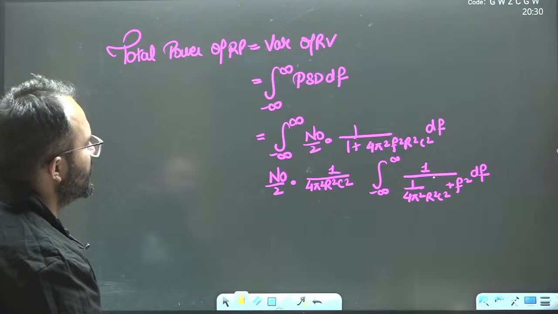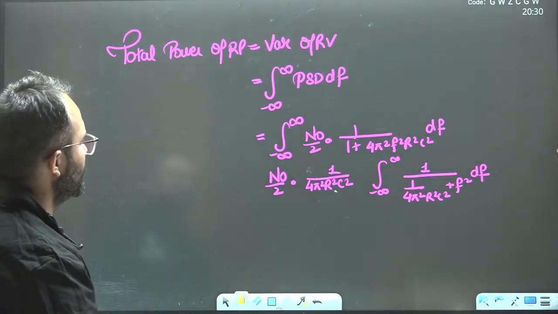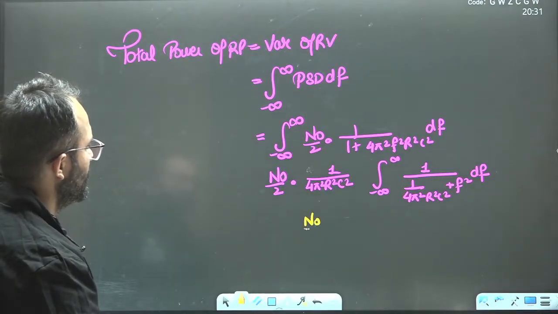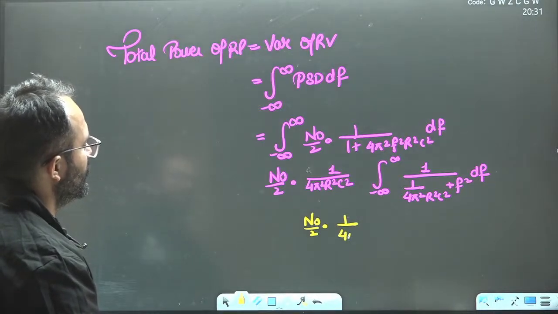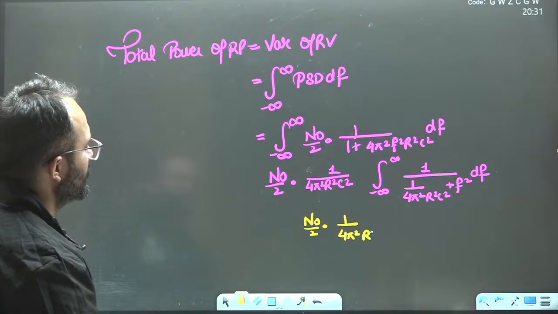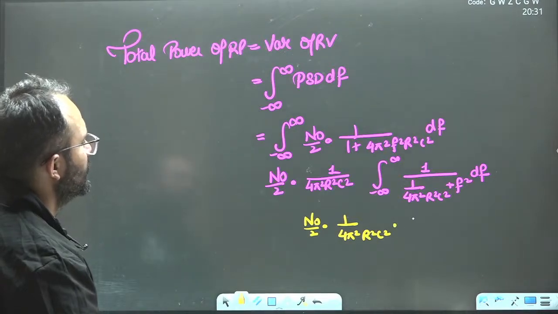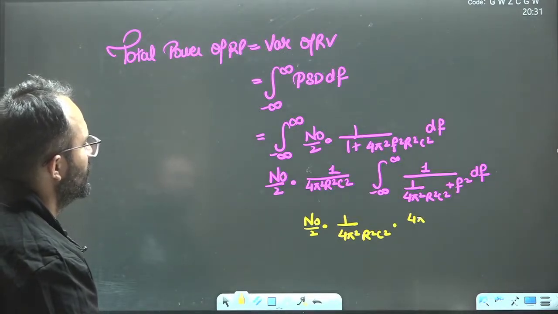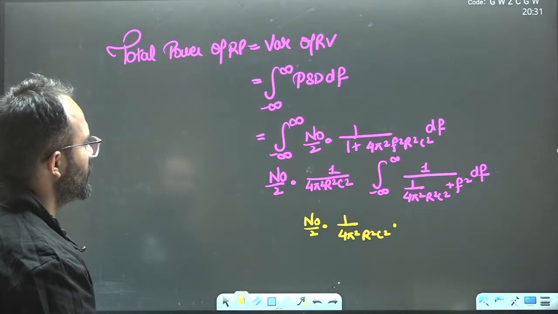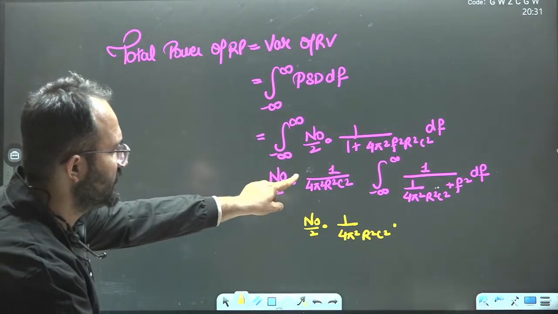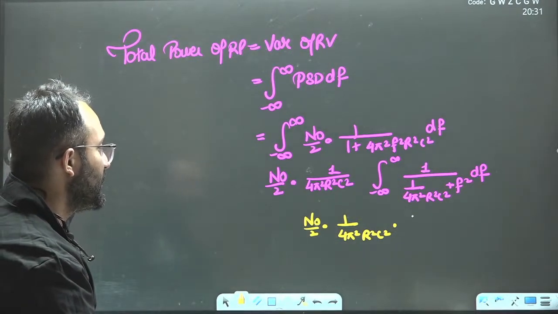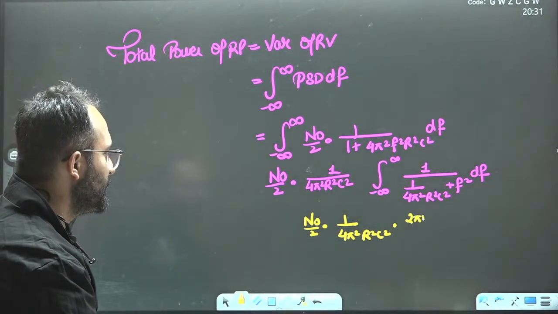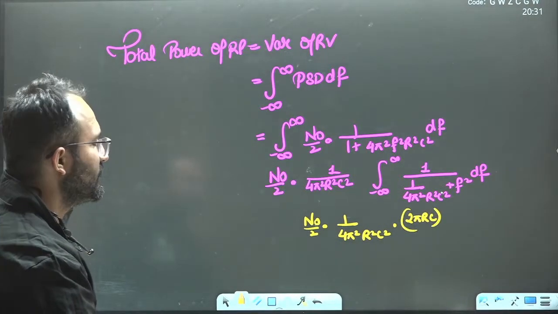Okay, now we can see that this integration can be easily done. This will be 1 upon 4 pi square... we know that this is a square, this is f square, so it will be 1 upon a, that is 2 pi RC, times tan inverse.